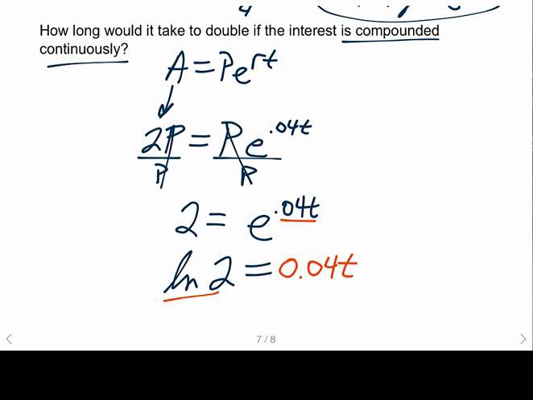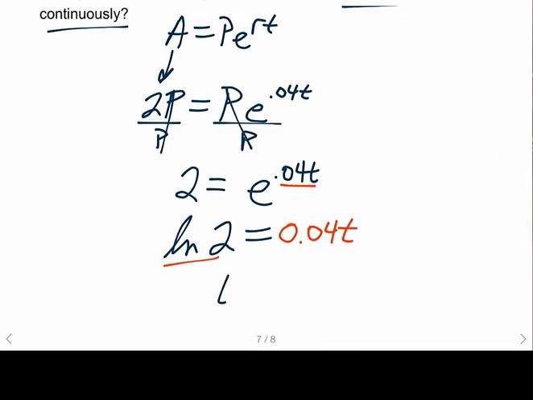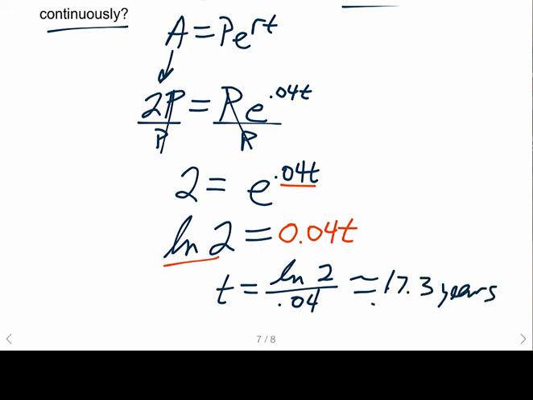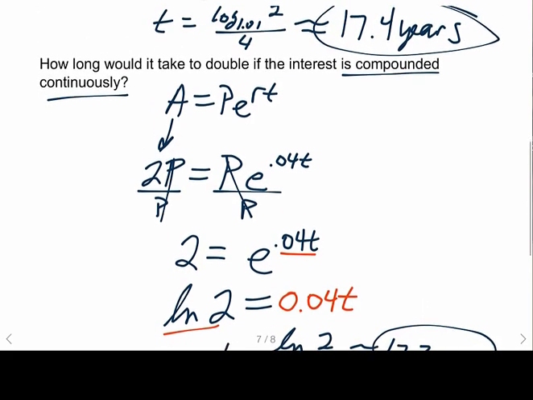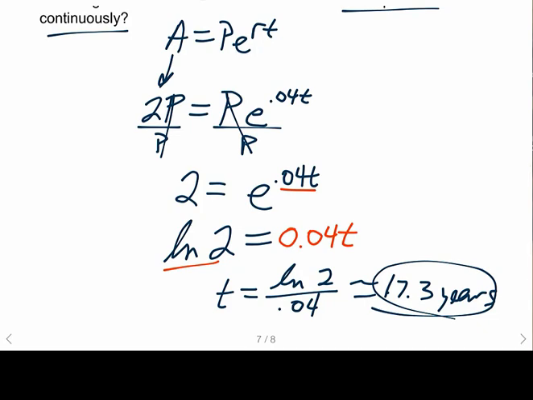Solving for t gives me that t is equal to the natural log of 2 divided by 0.04, which my calculator tells me is about 17.3 years. Okay, so not a lot different than the 17.4 that we just saw, but hey, a tenth of a year is a tenth of a year, right?